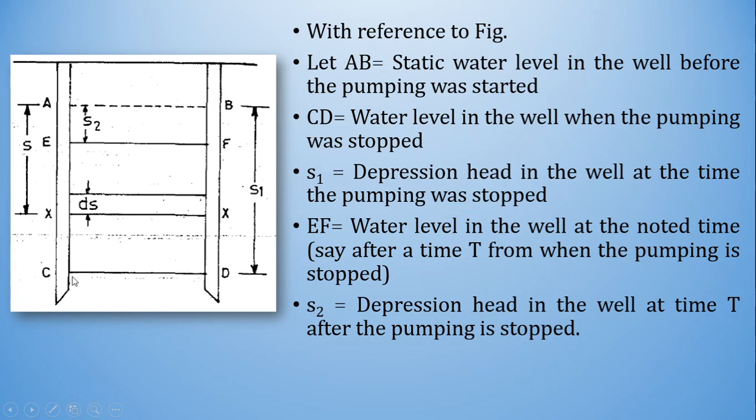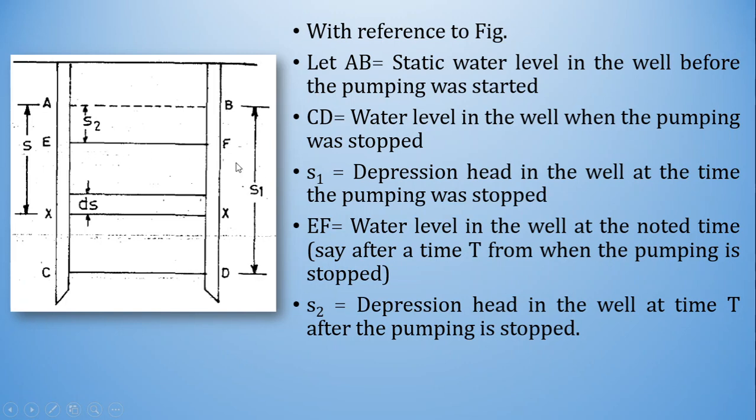What is CD? CD, as you can see at the bottom, is the water level in the well when the pumping was stopped. S1 is the depression head in the well at the time the pumping was stopped. So when the pumping was stopped, this is the total depression head or drawdown.